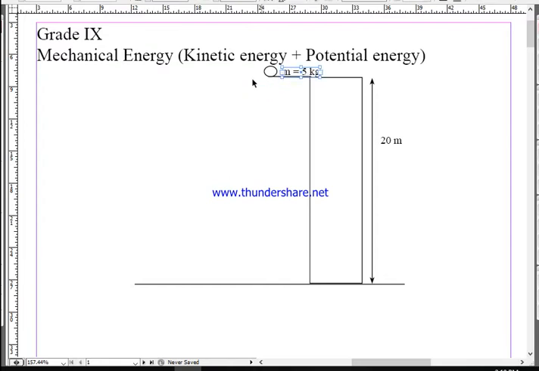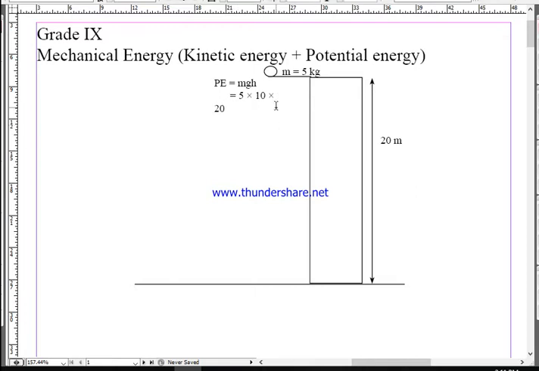If it is just standing still at this height, which energy does this ball possess? You know, it is potential energy. Its potential energy is, we know the formula, mgh. The value of m is 5 kg, multiplied by the value of g, let's take it as 10, and the value of h is 20.